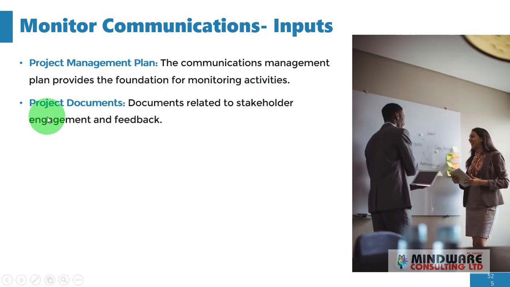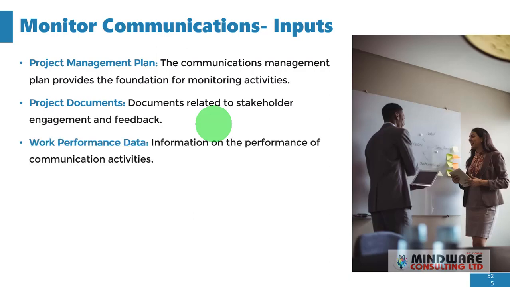Now, you also have project documents, documents related to stakeholder engagement and feedback, like the stakeholder register, the issues log, and all that. So these are important documents that serve as inputs in this process.